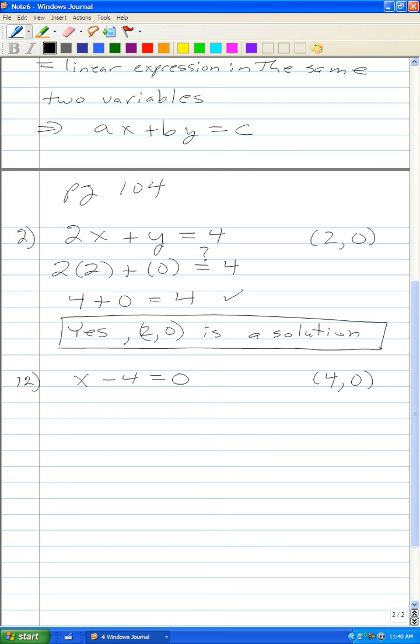So let's check. Wherever I see an x, I replace x by 4. Wherever I see a y, I replace y by 0. There's no y, so I don't need to replace it anywhere. And so is 4 minus 4 equal to 0? Yes. So yes, (4, 0) is a solution to the given equation.